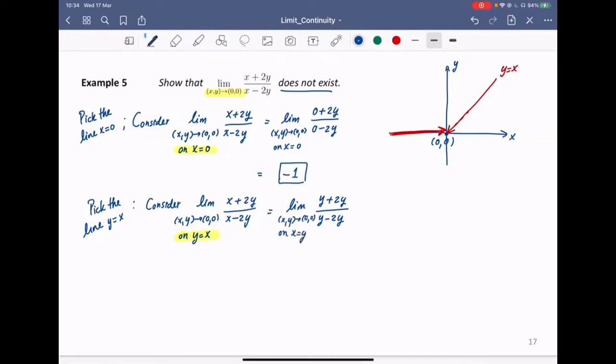All right, and now you can see on the top I have 3y, right? This is going to group up to 3y, and the bottom is going to be negative y. They cancel out, so you're going to get negative 3.